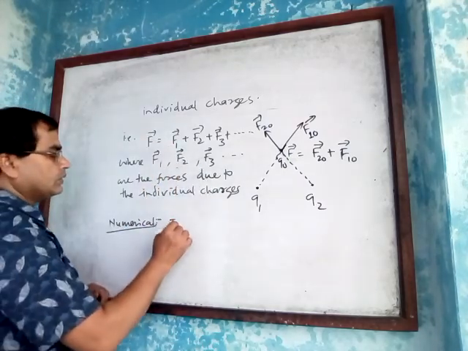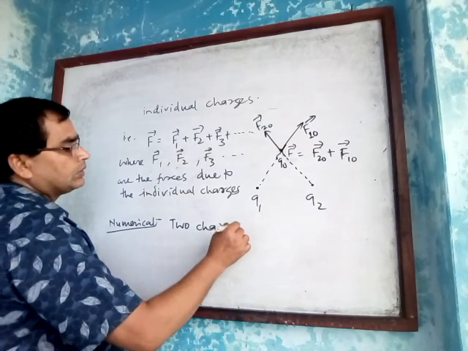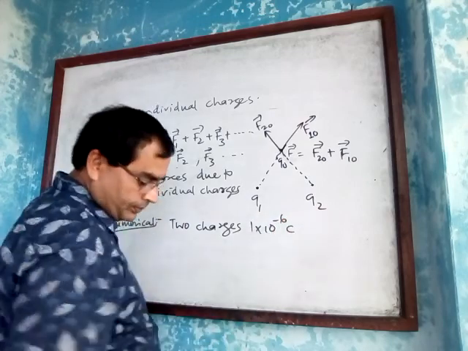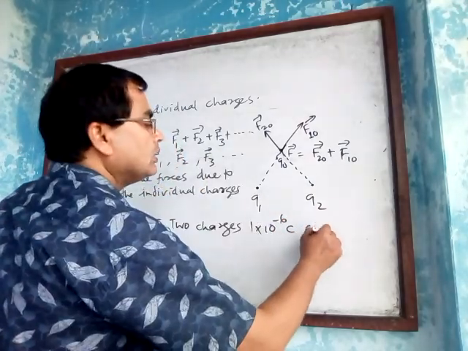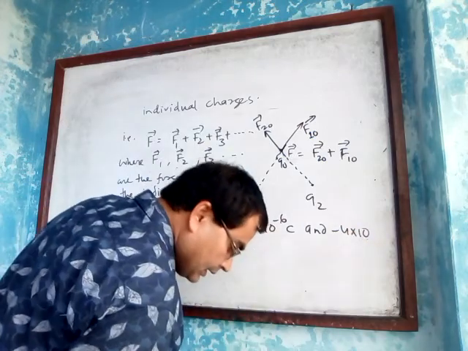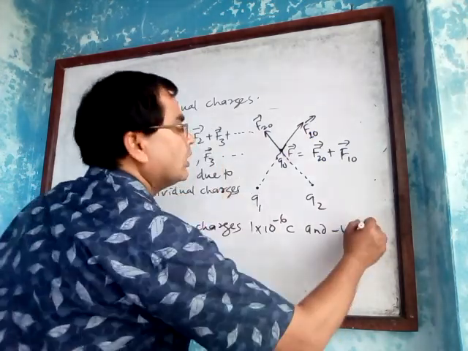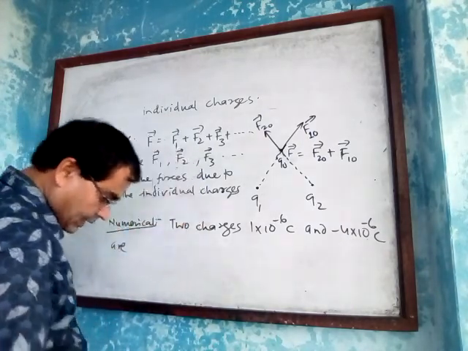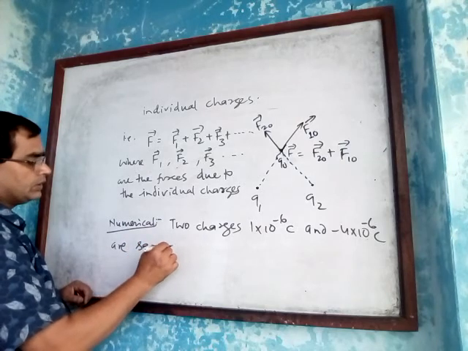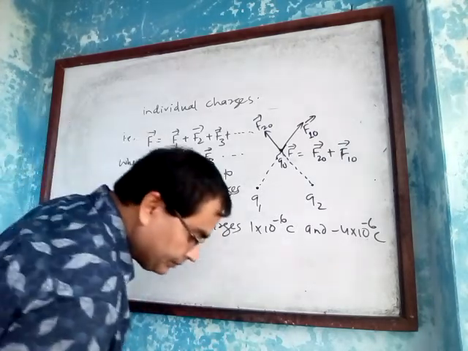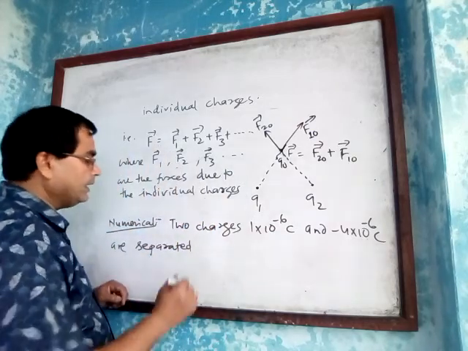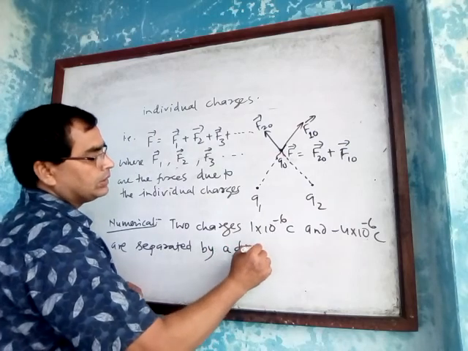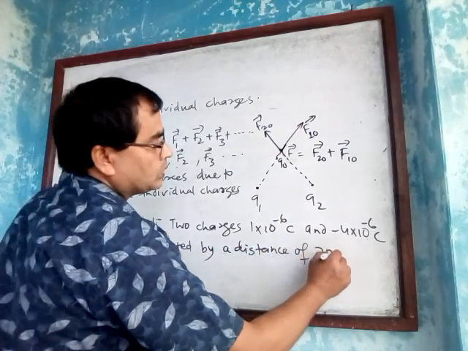Two charges, 1 into 10 to the power minus 6 coulomb and minus 4 into 10 to the power minus 6 coulomb are separated by a distance of 2 meters.